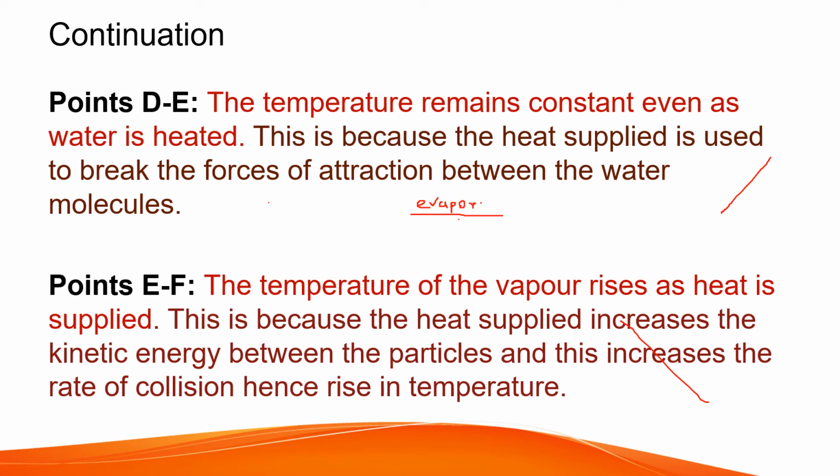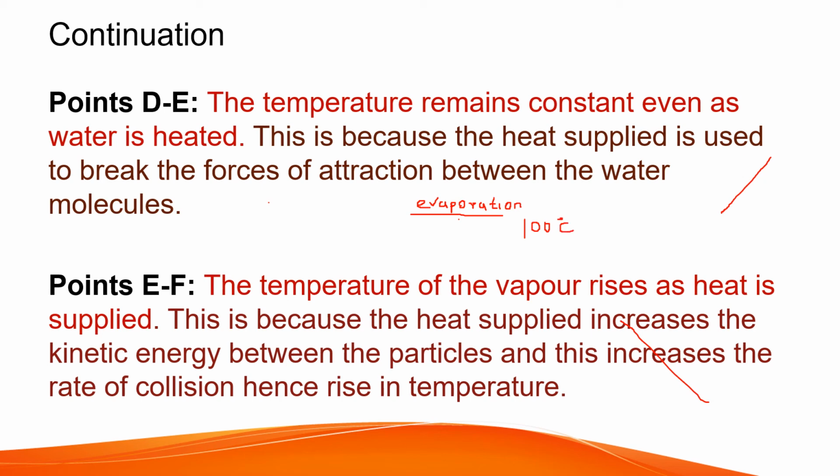And evaporation is a change of state from liquid to gas. And as you can see from the graph or the curve that we have, it has taken place at 100 degrees Celsius.